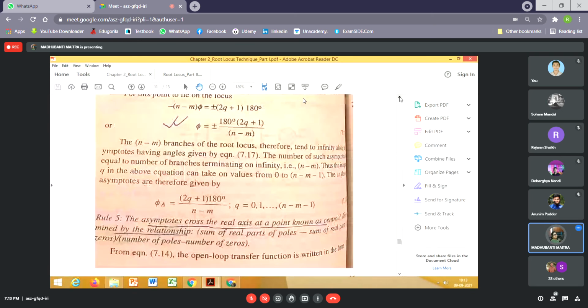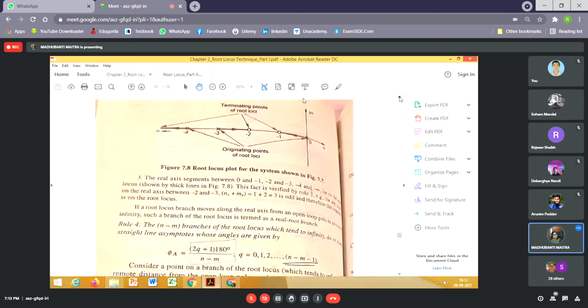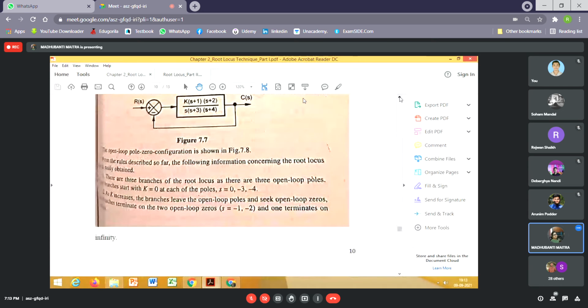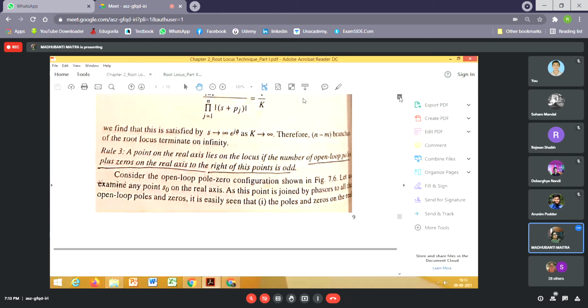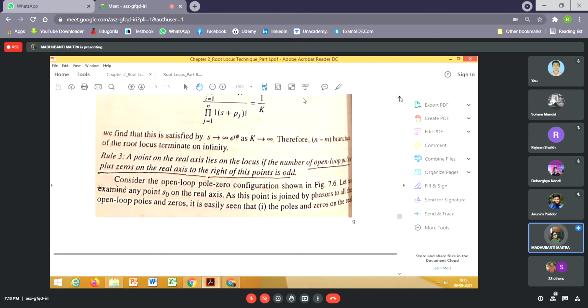So let's come to this rule. Now a point on the real axis will lie on the root locus if the number of open loop poles plus open loop zeros lying to the right of the point is odd.